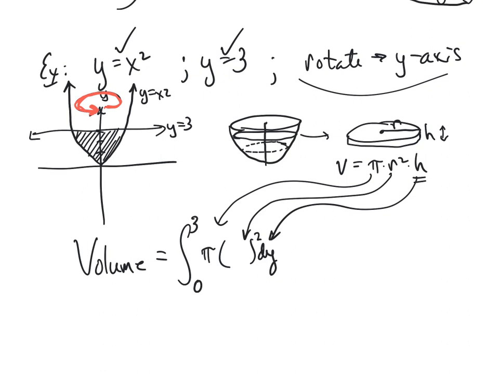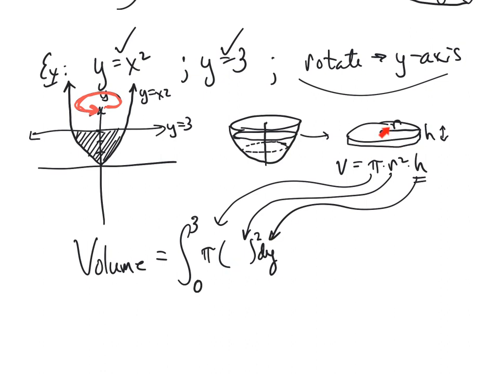All right? Now, again, just one more time, because the limits of integration are in terms of y, 0 on the y-axis to 3 on the y-axis, and the differential is in terms of y, the radius also has to be in terms of y. Okay? So how do we accomplish that? How do we get the radius in terms of y?